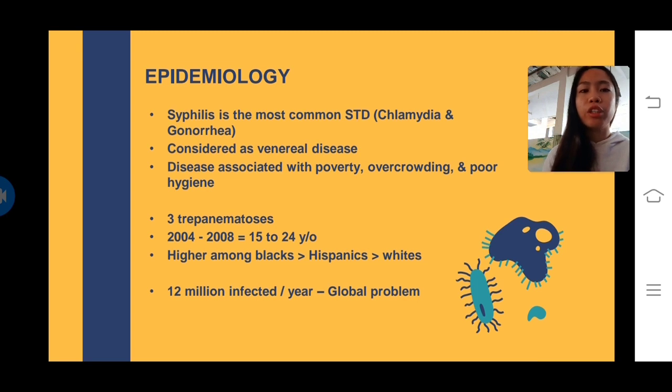Included here are the three treponematoses: Bejel, Yaws, and Pinta. And in 2004 to 2008, syphilis was prevalent in ages 15 to 24. It is higher among blacks than Hispanics than whites. And it has become a global problem because 12 million people are infected each year.